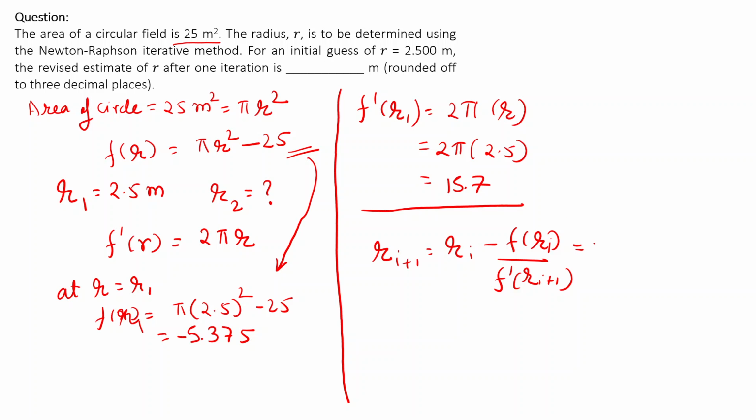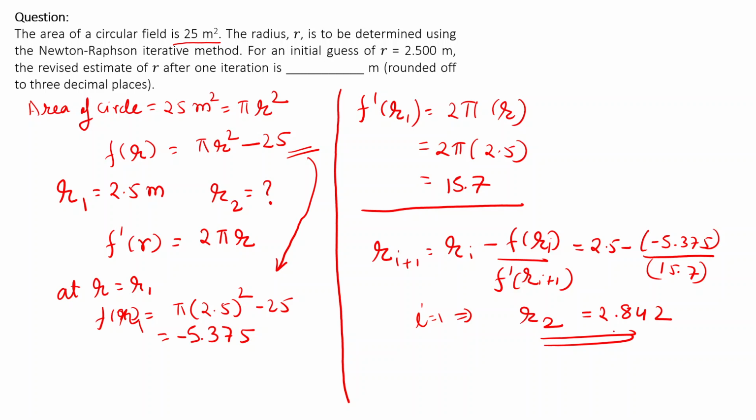So this will be equal to ri is 2.5 minus f of ri is minus 5.375 upon 15.7. So here i is equal to 1, that implies r2 is equal to 2.5 minus of that. You can calculate this and you will get a value close to 2.842. So this is what we have been asked to find.